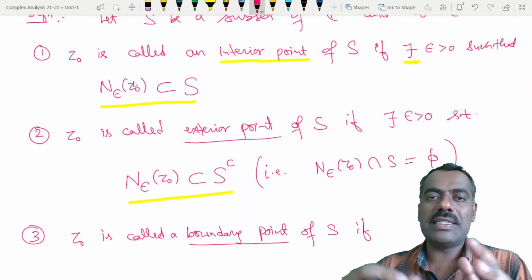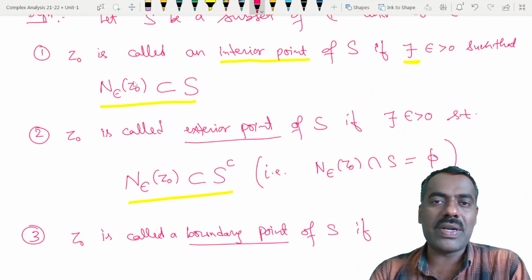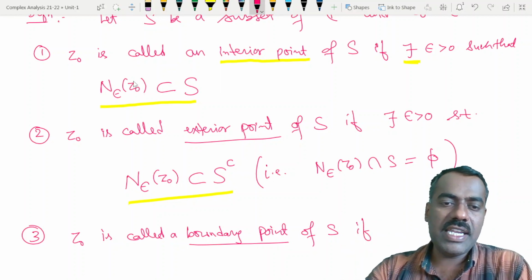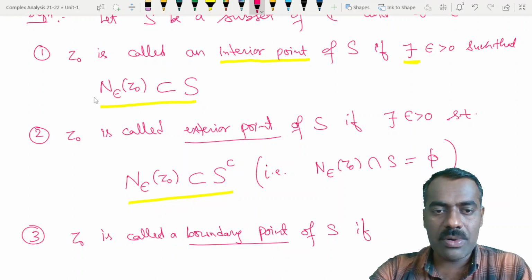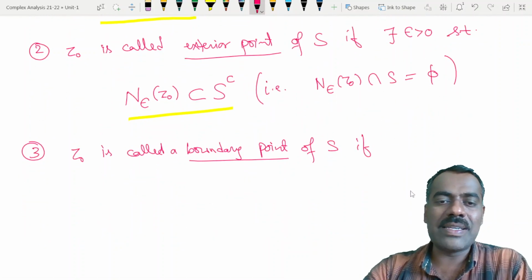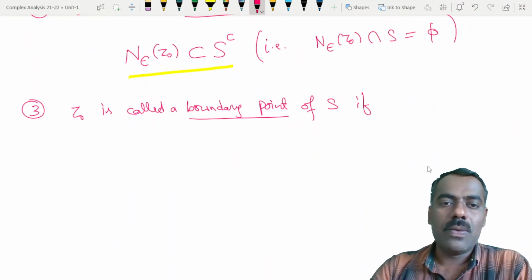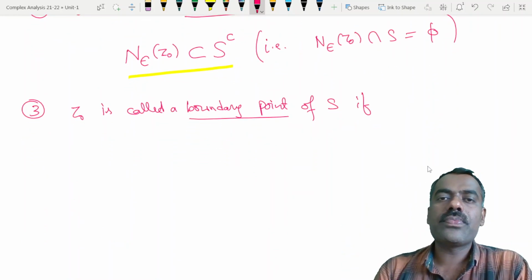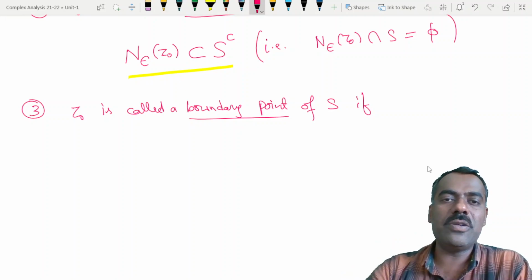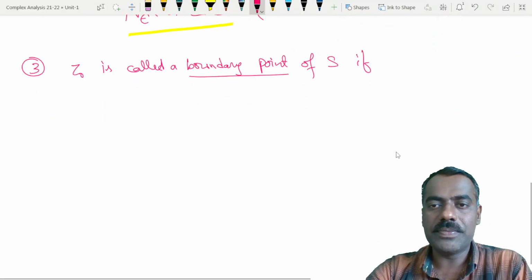Interior point means at least one neighborhood is completely inside S. Exterior means there is at least one neighborhood which is completely outside S. Now, when we say something is a boundary point, whatever neighborhood you take, some part should be in S and some part should be outside S. Is this clear?